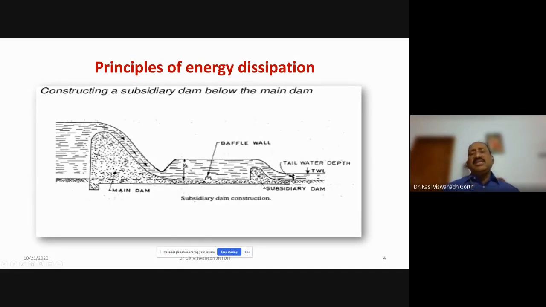If the energy possessed by the water is not suitably dissipated, there will be a problem of a lot of scouring. So this downstream portion may get scoured or eroded. Because of this scouring, the entire safety of the dam may be in a problem.